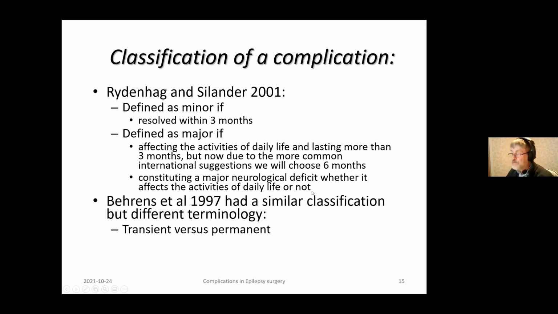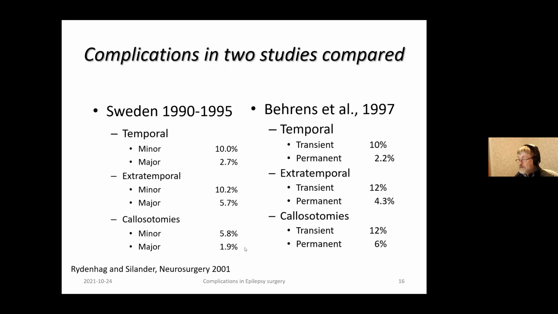And just a few years before that, Behrens from Bonn et al. had a similar classification but different terminology, transient versus permanent. And this is the result from our publication in 2000, and we are in the same line as Behrens. So in temporal lobe resection, we have a major risk of complication of 2.7%, and Behrens had 2.2%.